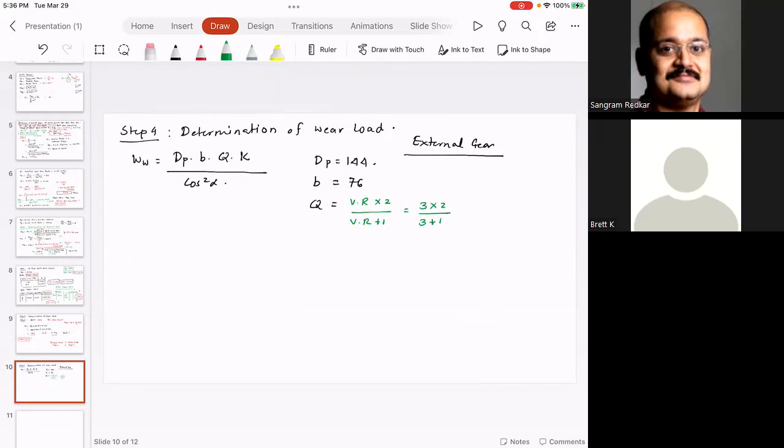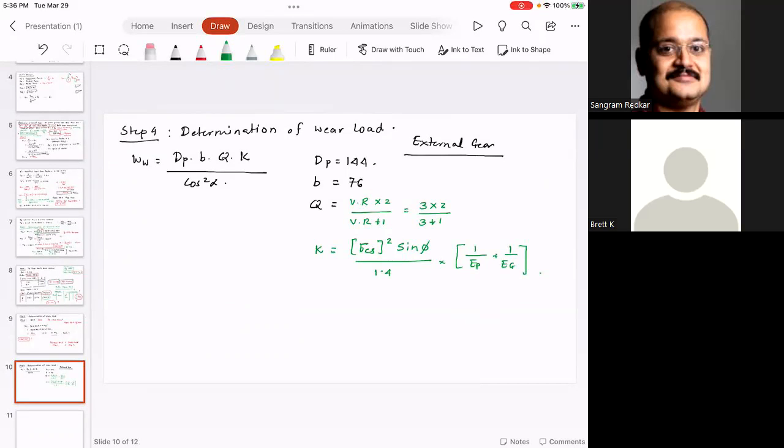Then we have to find out the value of K, which is sigma ES square sine phi divided by 1.4 times (1/EP plus 1/EG).